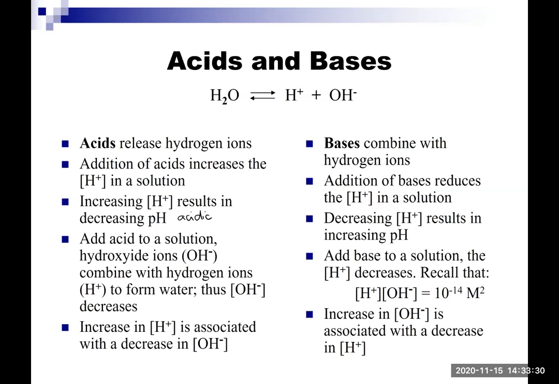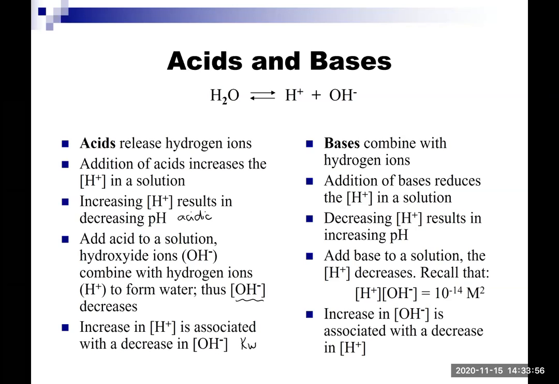You add acid to a solution, the hydroxide ions are going to start combining with the H plus that you're adding to form water. And that's going to decrease the OH that you have in solution. Increasing H plus is associated with decreasing OH minus, according to KW.